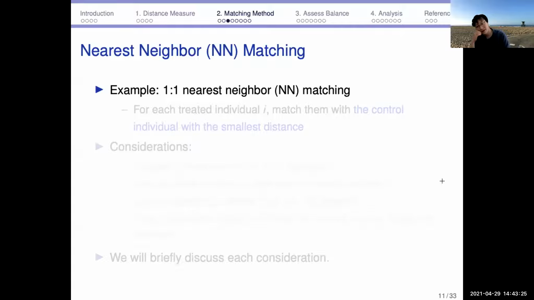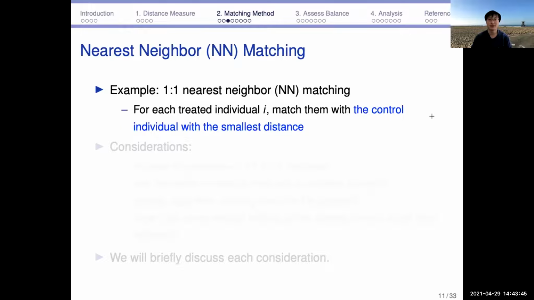So there are a lot of different algorithms to do this kind of matching. And here we'll go through some commonly used ones. One of the most common and easiest to understand implementations is the nearest neighbor matching. So here's an example.